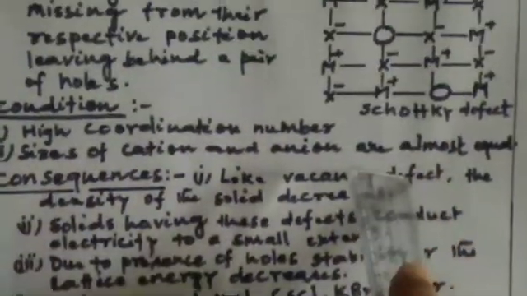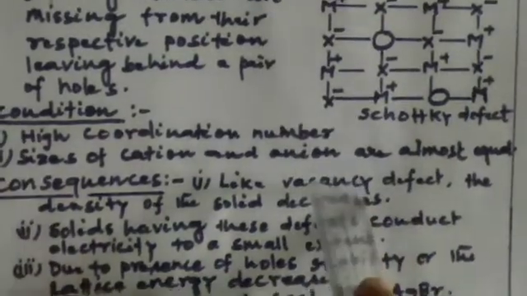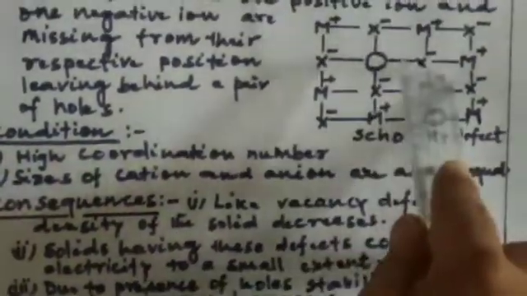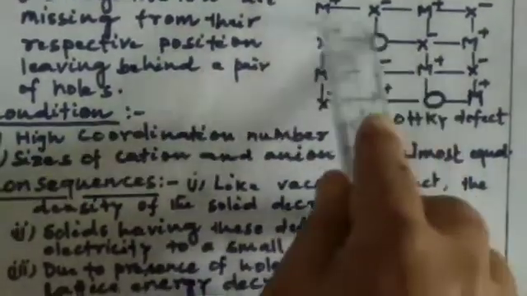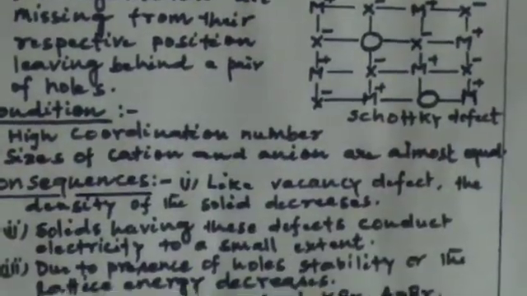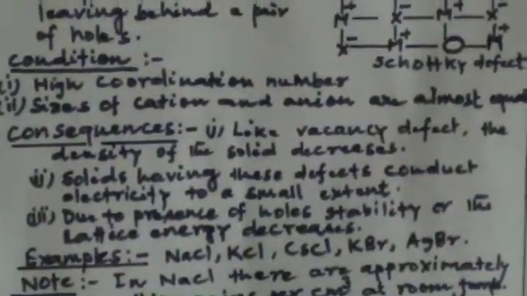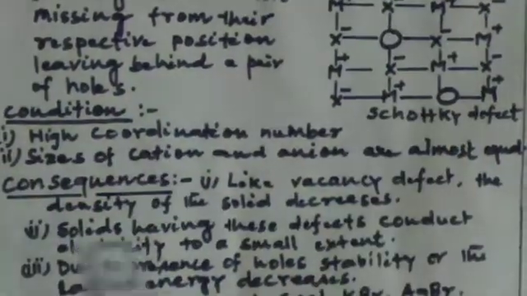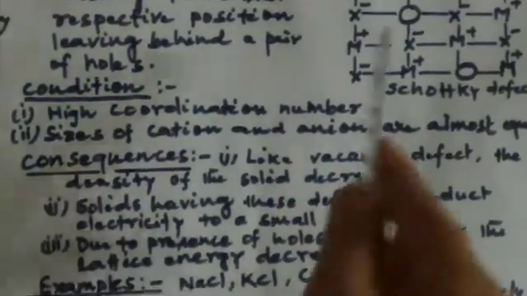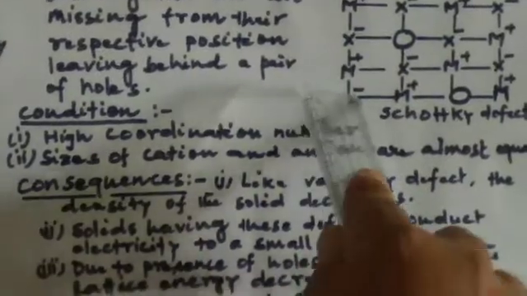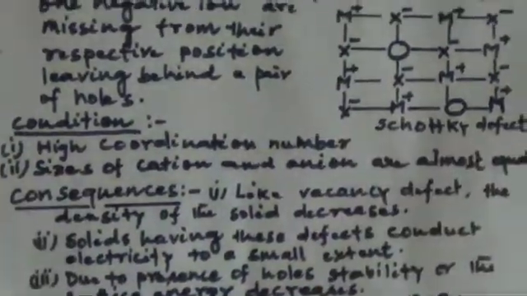Lattice energy will decrease. Lattice energy is proportional to the force of attraction between two oppositely charged ions divided by R square, the distance between them. So obviously the number of ions is less, so the lattice energy will be less, hence stability will be less and entropy will be more.